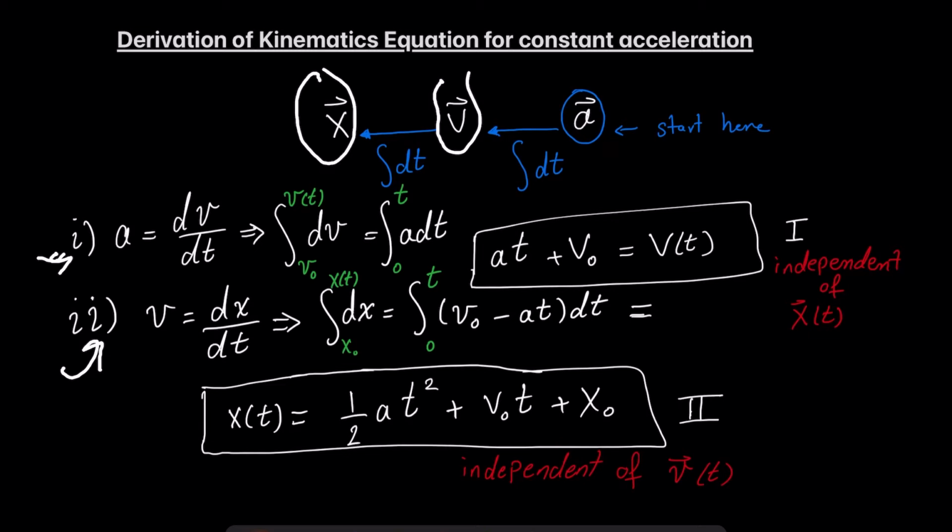When we integrate that, we get x of t equals 1 half a t squared, plus v naught t, plus x naught. X naught, by the way, is the initial position. Usually that is 0 if we pick that to be the origin. But if there is an initial displacement, we're going to add that, and it serves as an offset in our position vector.